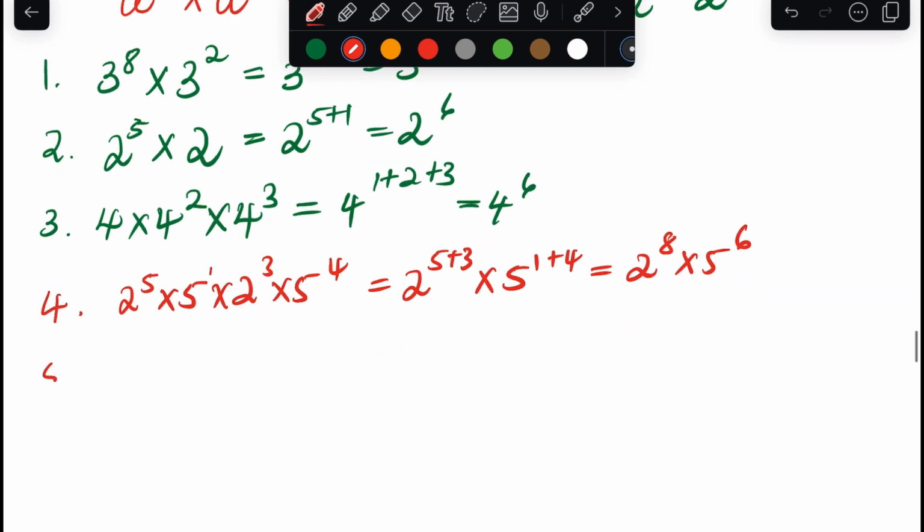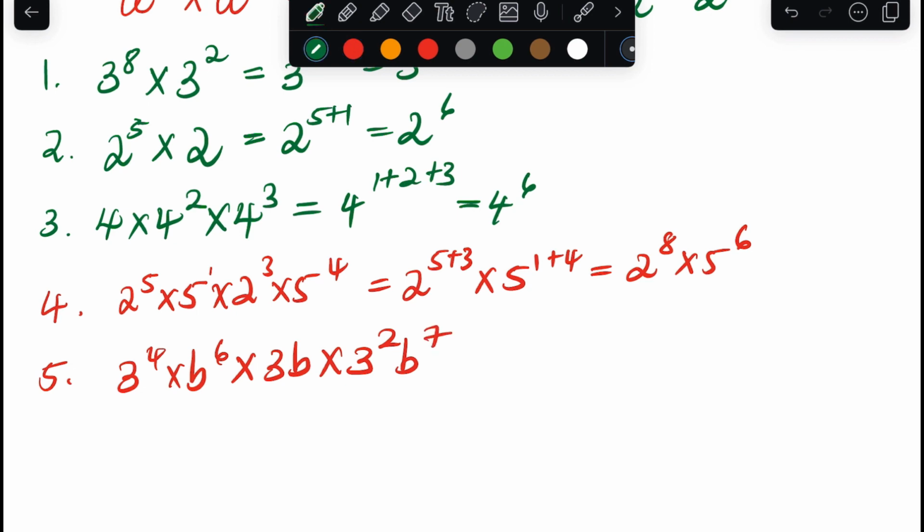Another example, example 5. It's going to be 3 to the power 4 times b to the power 6 times 3b times 3 to the power 2 b to the power 7. This one looks challenging, but it's not. We have two bases here as well: a base of 3 and a base of b. So we're going to start with 3.